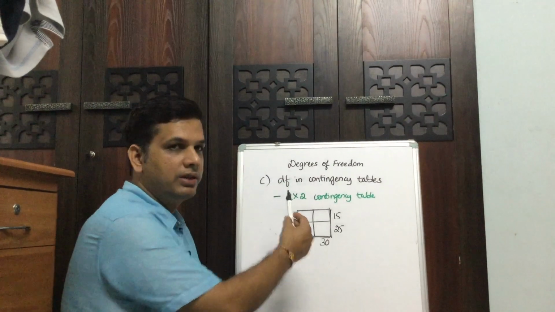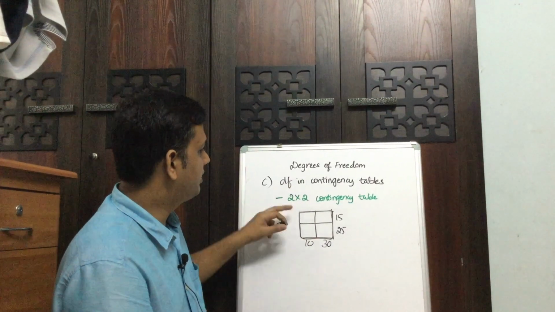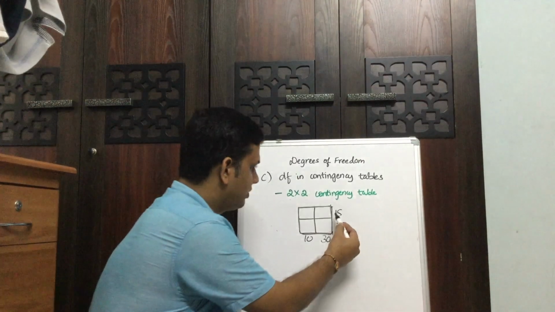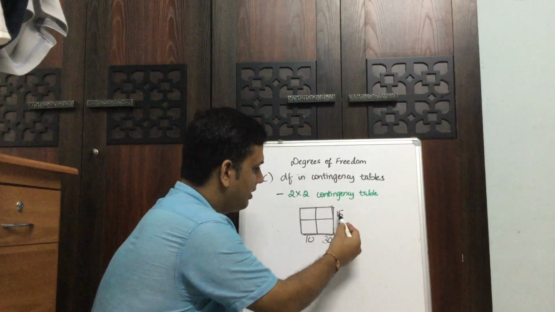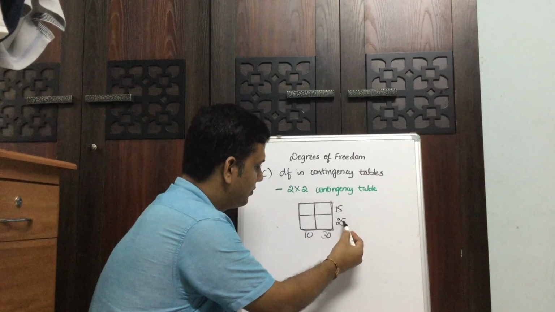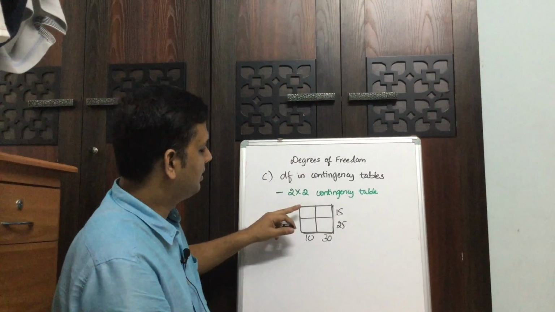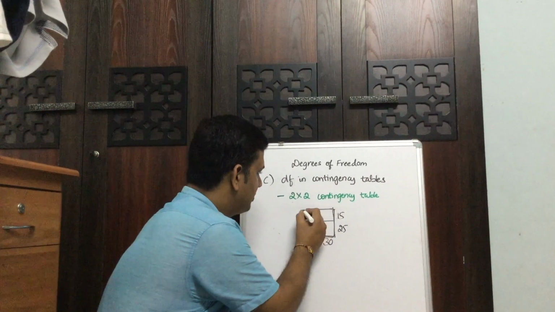Now let us understand the concept of degrees of freedom in case of contingency tables. Let us start our example with a 2 by 2 contingency table. Suppose you have been given a 2 by 2 contingency table, and row totals should be this much and column totals should be this much. Now let us start filling these cells with values.